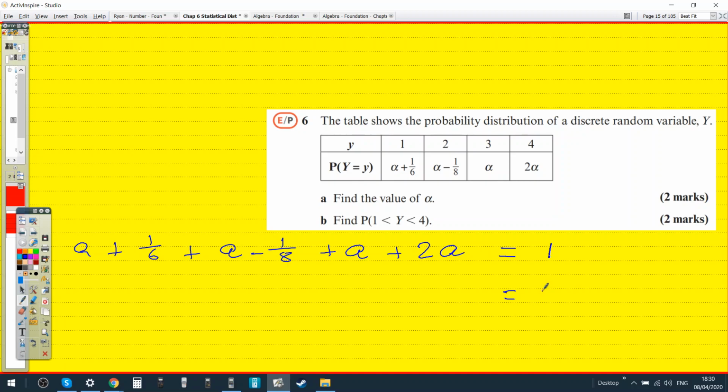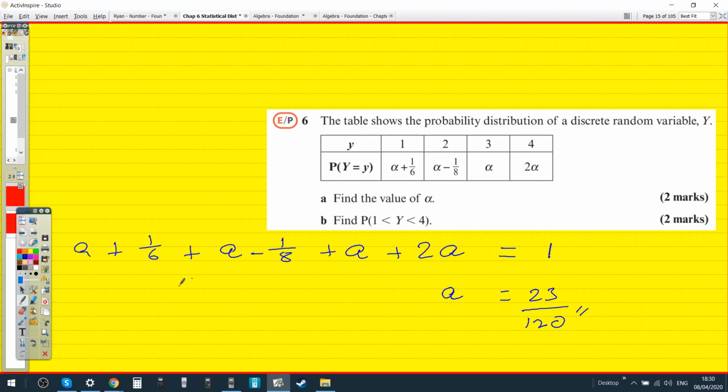So 5a equals 23 over 24. So a equals 23 over 24 divided by 5. So a equals 23 over 120. Is that a nice easy decimal or anything? No, it's long. Alright.